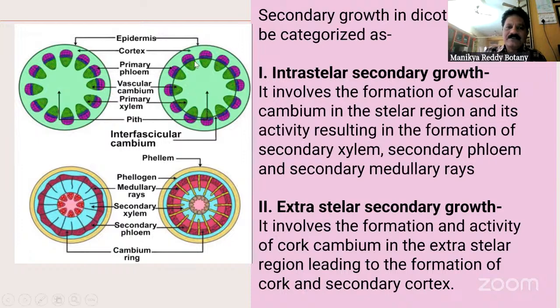You can see the image in the slide, the second image at the top right corner. A blue ring-like structure is seen. That is called the cambial ring, formed due to the union of fascicular and interfascicular cambial strips.